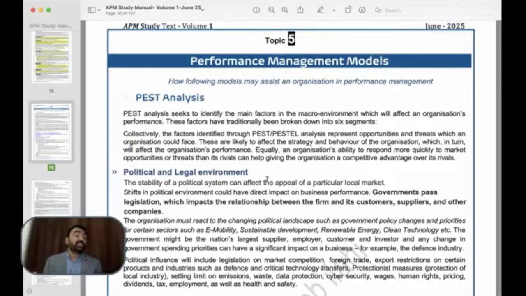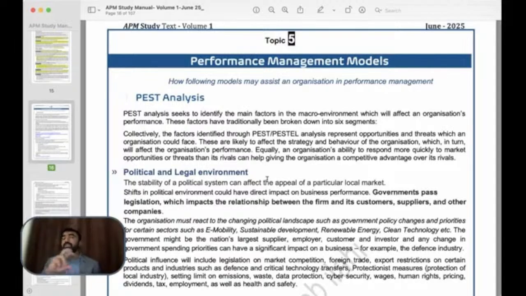In another question, a question might ask you to evaluate existing KPIs. Please listen. A question might ask you to evaluate existing measures or KPIs and evaluate whether these are suitable in the changing landscape, in the changing circumstances, and recommend further suitable KPIs.